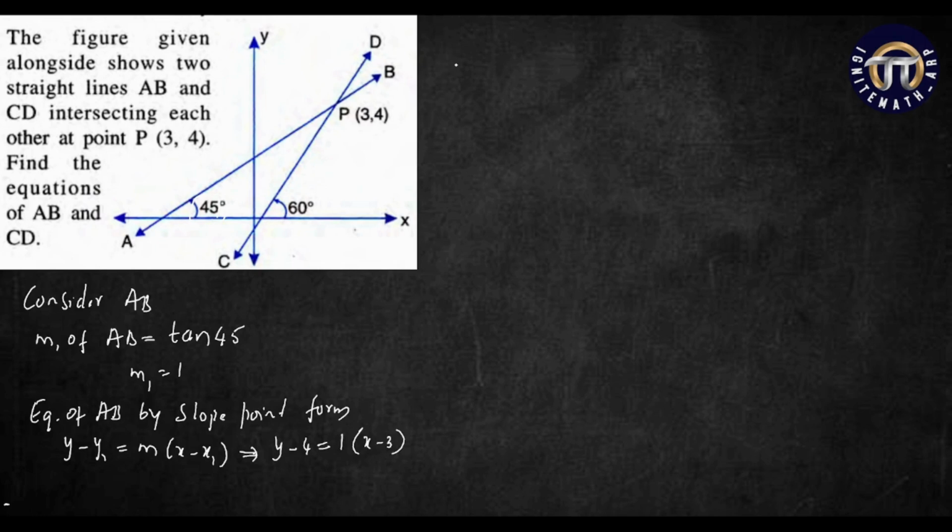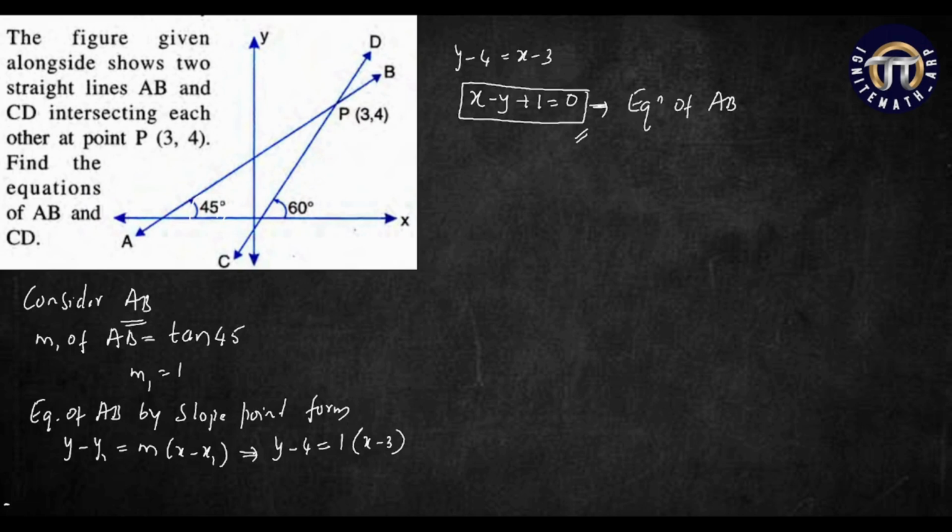So I can write this as y minus 4 is equal to x minus 3. The equation would be x minus y plus 1 equal to 0. x minus y plus 1 equal to 0 will be the equation of the line AB. Clear, children? This is our equation of line AB.